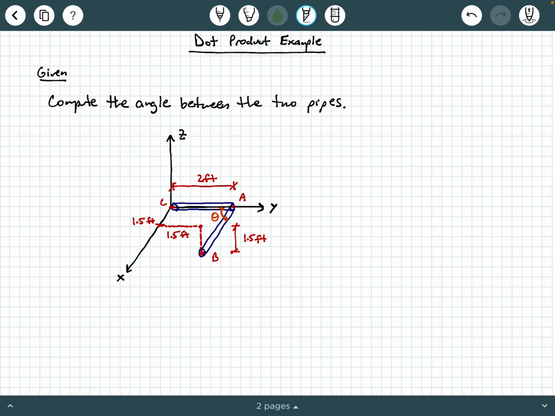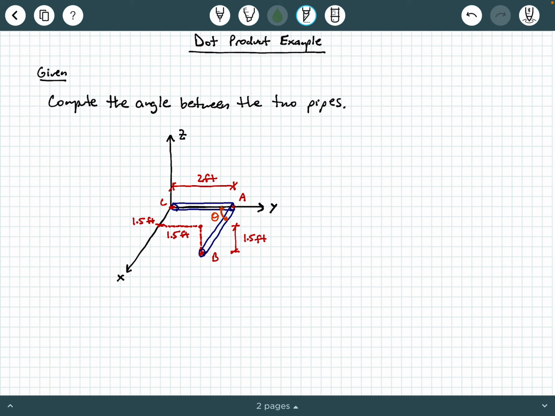And the way we can visualize that is we see that that first pipe segment AC is 2 feet long, but then we have a 1.5 foot dimension from the x-axis to the end of this pipe. So you can tell this kind of angles back to where you lose 6 inches or half a foot dimension here.